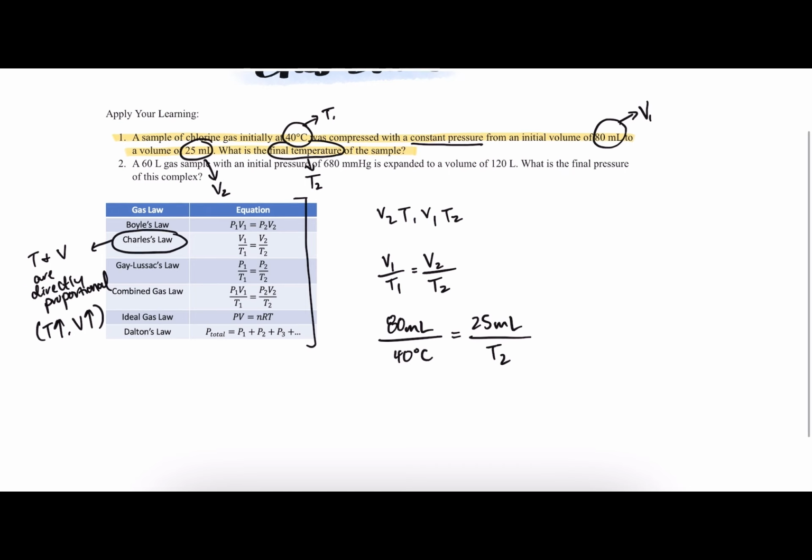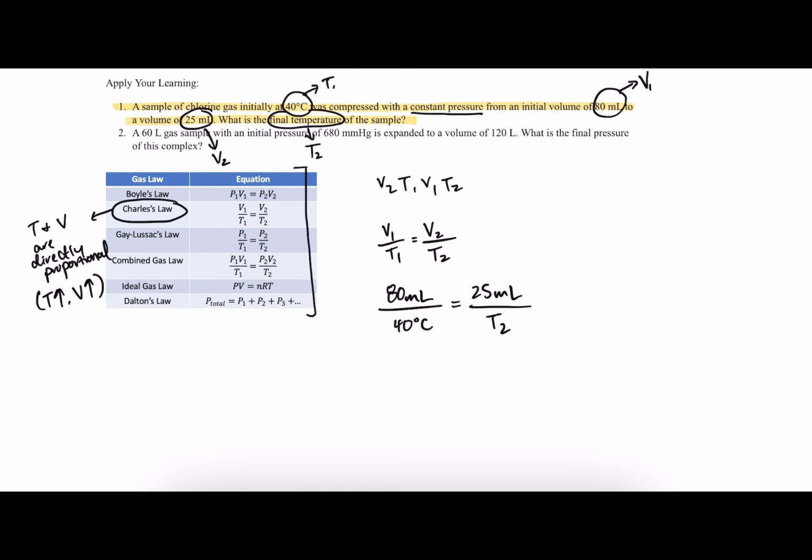So going from here, we can solve this just like we would any other algebraic equation. I'm going to cross multiply my values. So 40 times 25 equals 80 times T2. On the left side of the equation, we have 1,000 equals 80 T2.